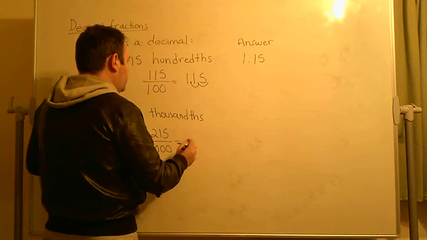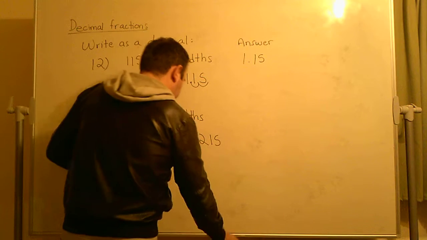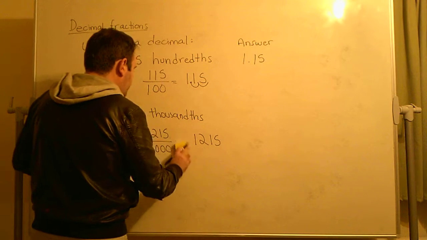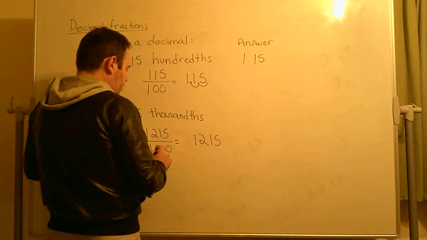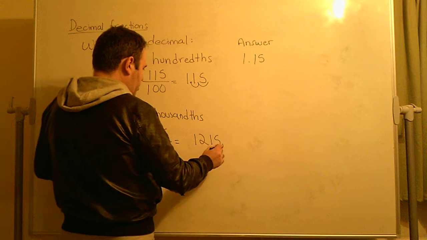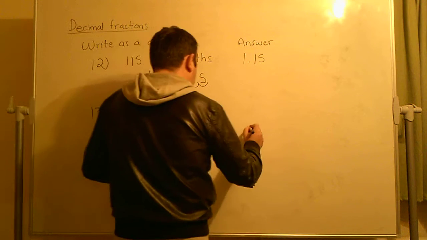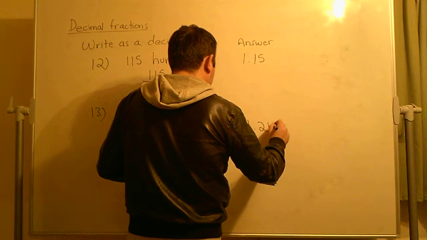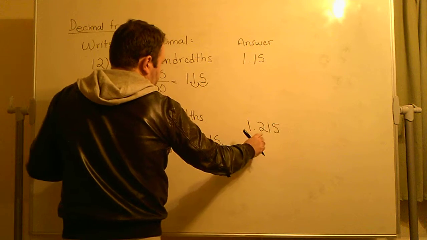So now we write down 1215, okay, and then how many zeros we have? 3. So 1, 2, 3. So the answer would be 1.215.